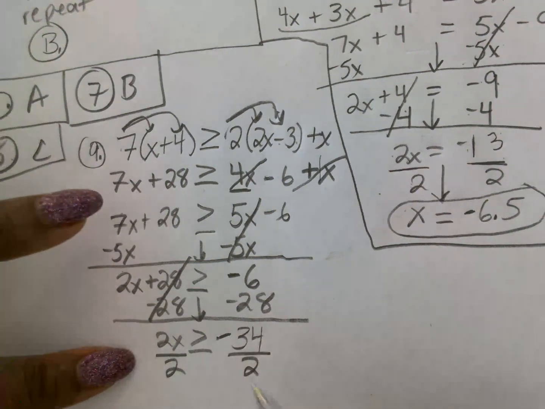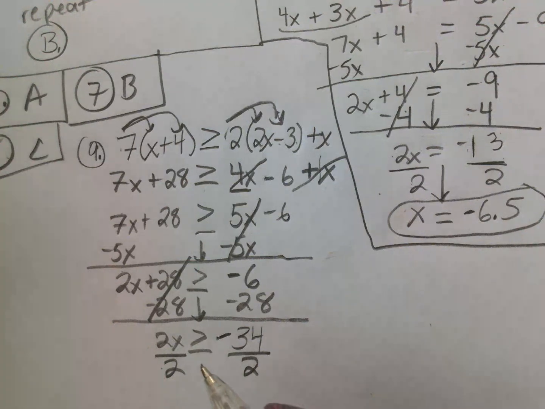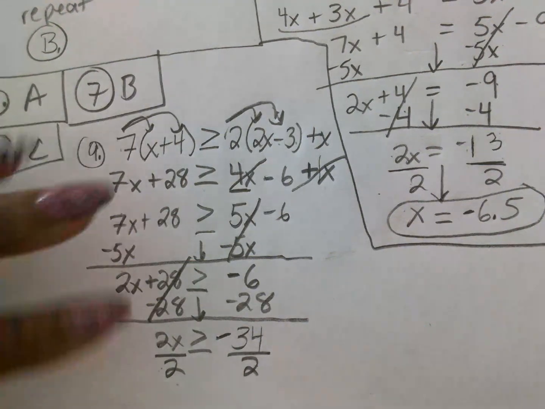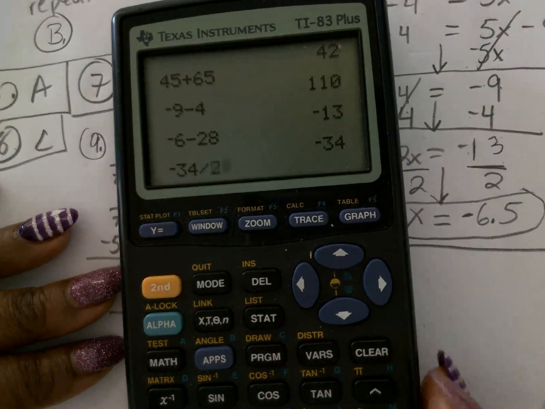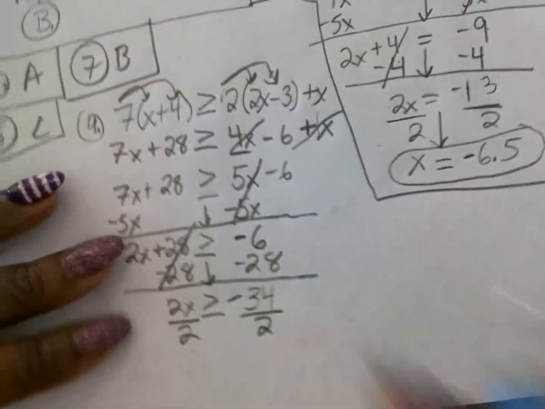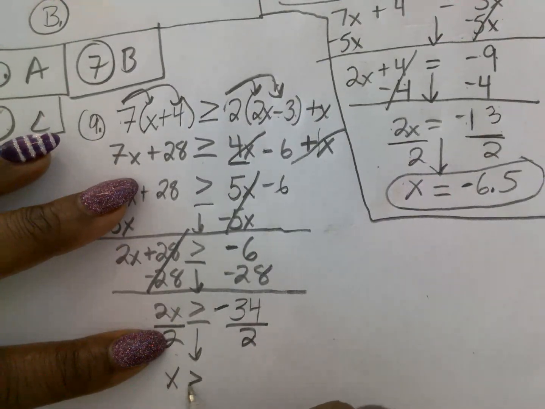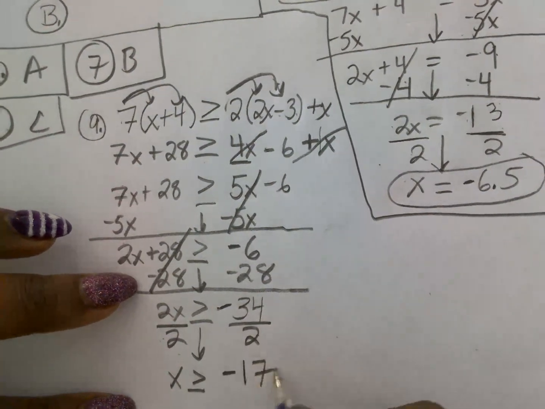That's a positive 2. Keep the inequality the same because you're dividing both sides by a positive. Only flip it if this was a negative, okay? All right, so we got negative 34 divided by 2. That's negative 17. So we have x, keep the inequality the same, greater than or equal to negative 17.